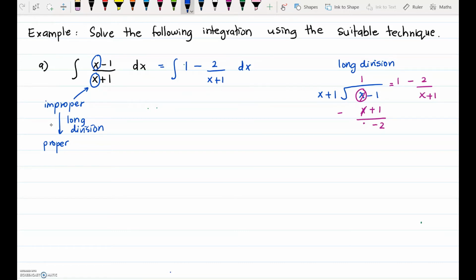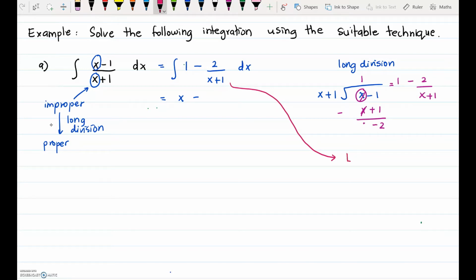Next, you need to integrate the simplified function. The integration of 1 is x, so you will get x minus, and how to integrate 2 over x plus 1? To integrate 2 over x plus 1, you need to use, sorry, u substitution.